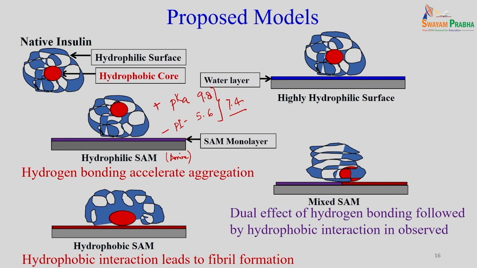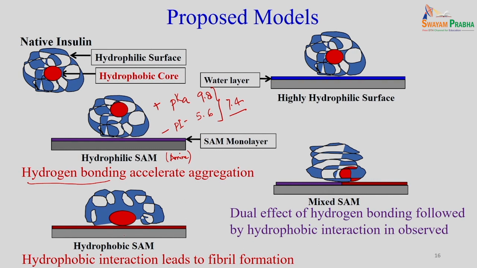So, the amine group will have a positive charge, and insulin is negatively charged. So, there will be an electrostatic interaction between the amine group and the insulin or the protein, and also the amine group can participate in hydrogen bonding. So, because of electrostatic and hydrogen bonding on the amine surface, we observed the shorter lag time and faster aggregation.